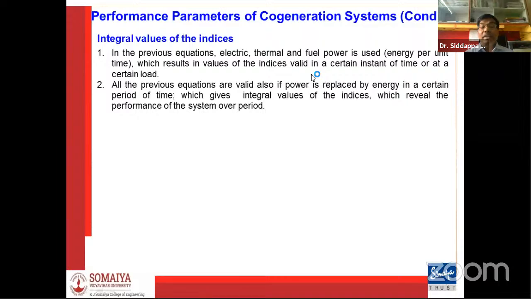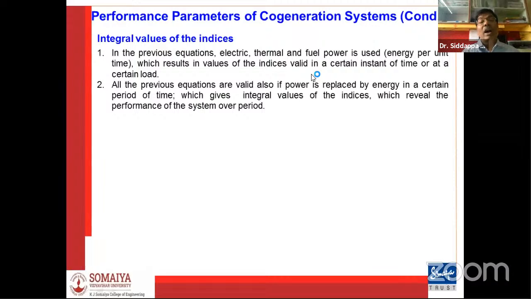So generally when you purchase a car or anything, they will say that for the first 3 years maintenance will be free. That means how the system works in the first 3 years, what its working performance parameter is. Therefore, these are all instantaneous values we have calculated. They are just meant for instantaneous analysis, how it is acting at that point. But how it is working in the entire span of its life, for that we should have integral values.